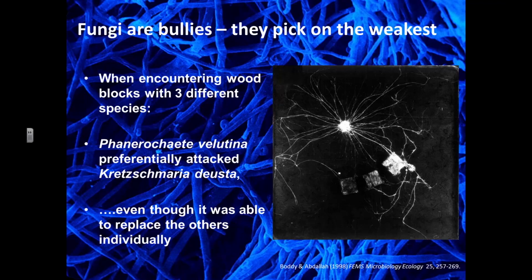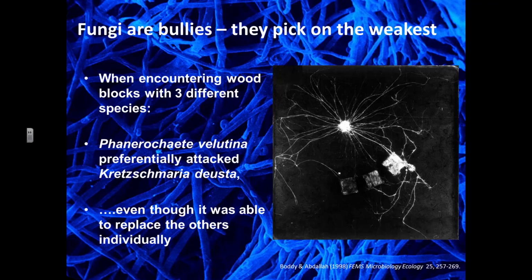Anyway, soil tray again, Phanerochaete grown from a small wood block, and actually it grew out fairly circularly, and then we put straight onto the edge of the mycelium 3 blocks of wood colonized by different fungi. And if this Phanerochaete met one of these on its own, it would always win, always.